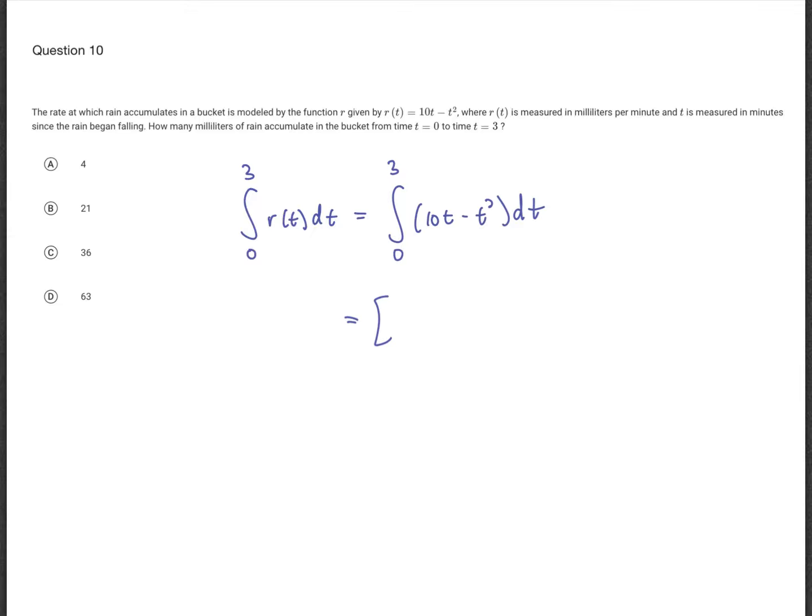Okay, so this is like a power rule. So this is t squared over 2. When you integrate t times 10 it will be 5t squared. And then the integral of t squared is t cubed over 3.